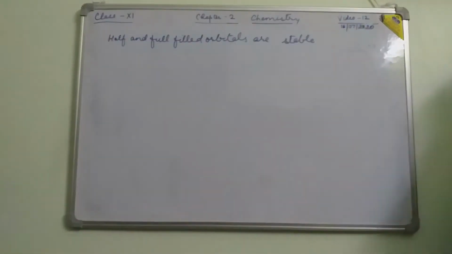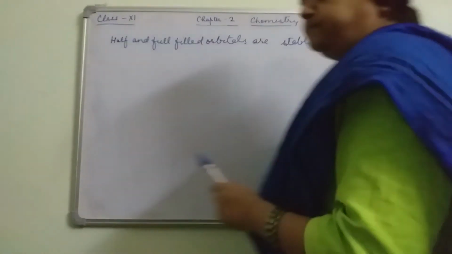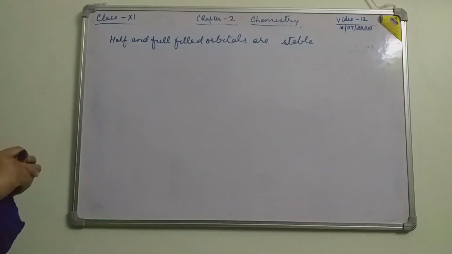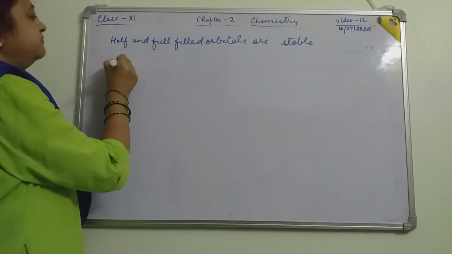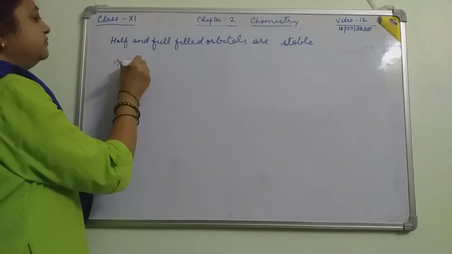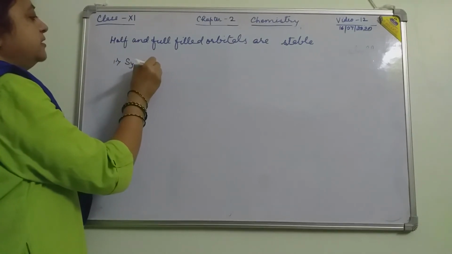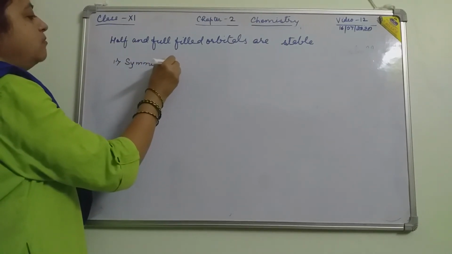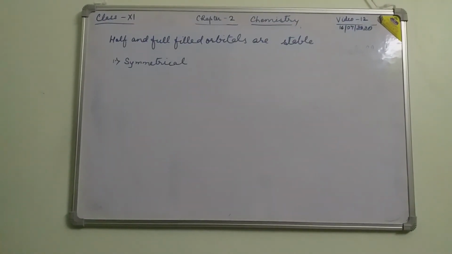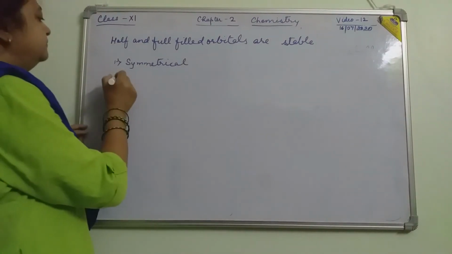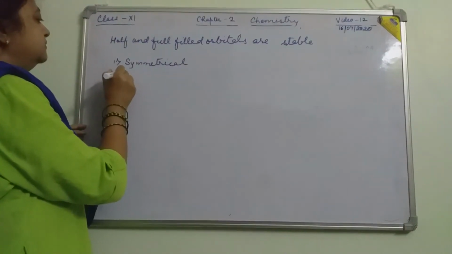There are two factors behind it. First is symmetry: half-filled and fully filled orbitals have a symmetrical distribution, so these two are stable.